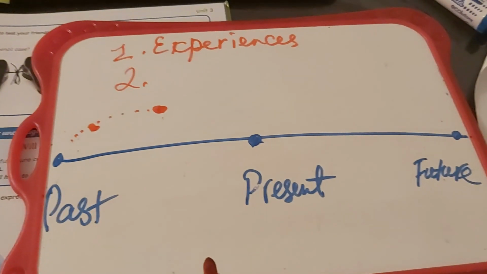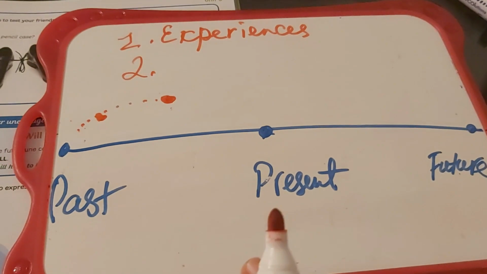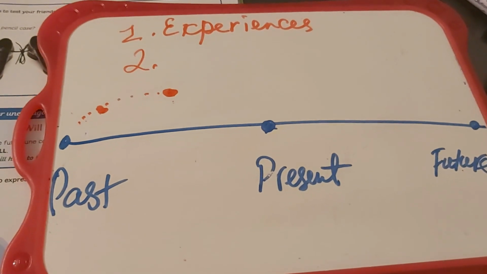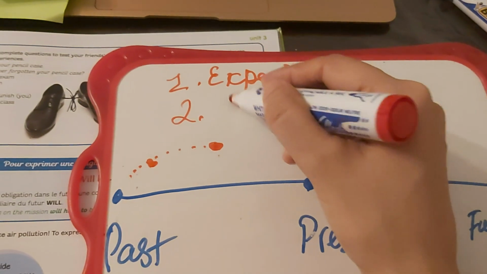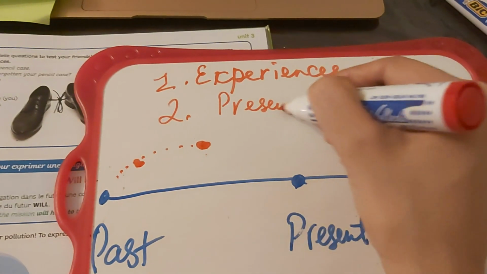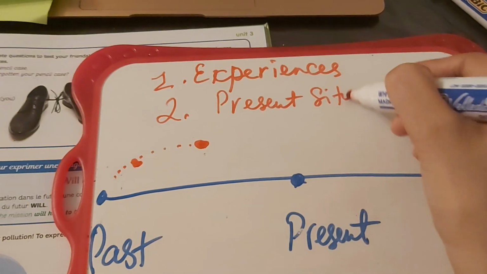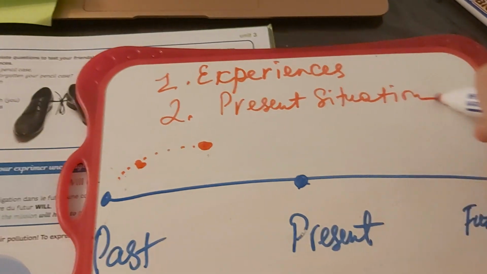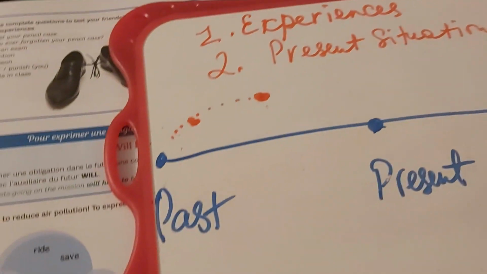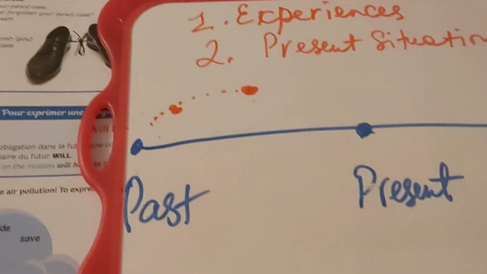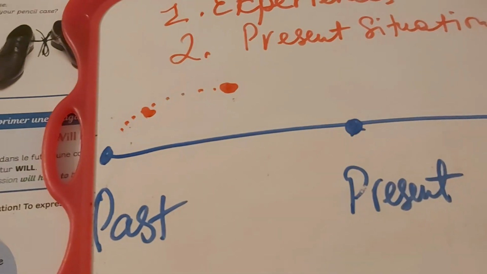Et on dit c'est pour expliquer une situation présente. Current situation or present situation. For present situation. Okay, so I'm going to just switch on my computer.